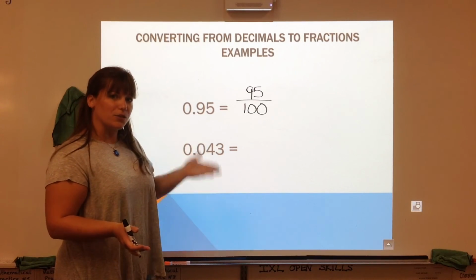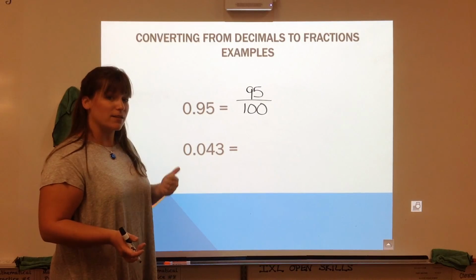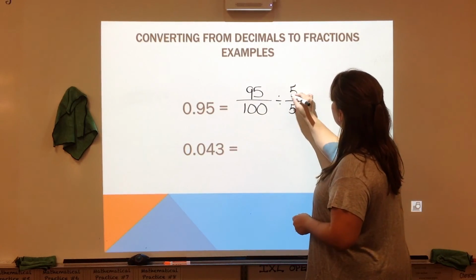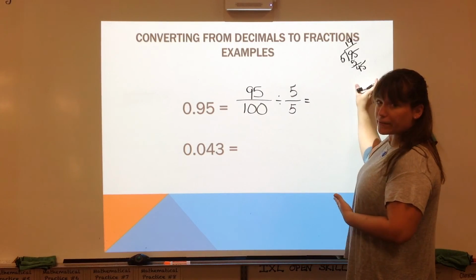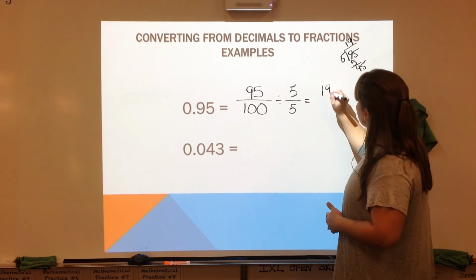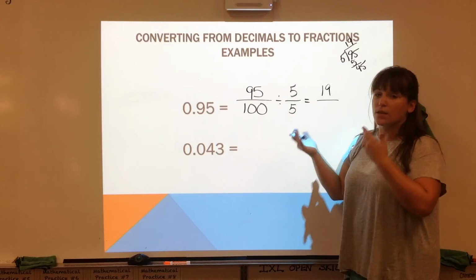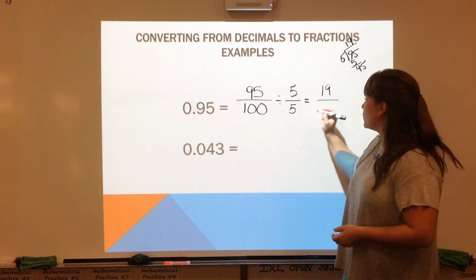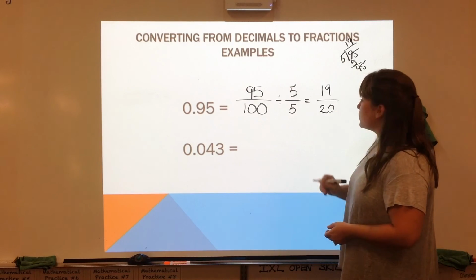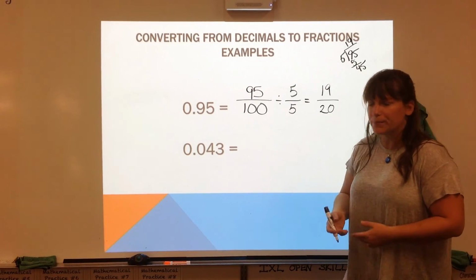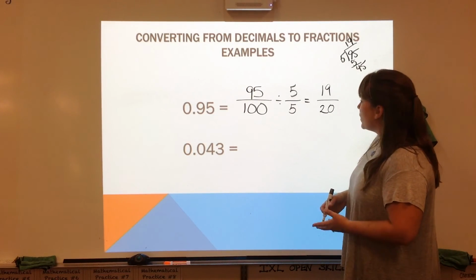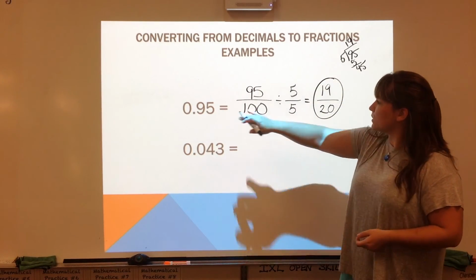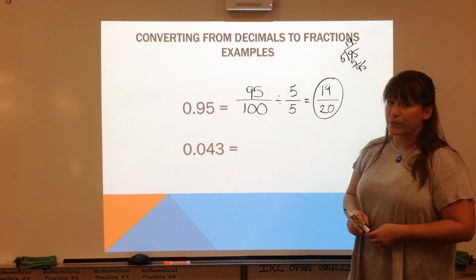Because they end in a 0 and a 5, we can divide by 5. Scratch it out on the side. I have 19 over 20. And then if you think of money, those 5 cents, if you have 20 of them, that would give you $1. So I always like to think of money when I'm dealing with 100 or $1. And so this would be our fraction equivalent to 95 hundredths.